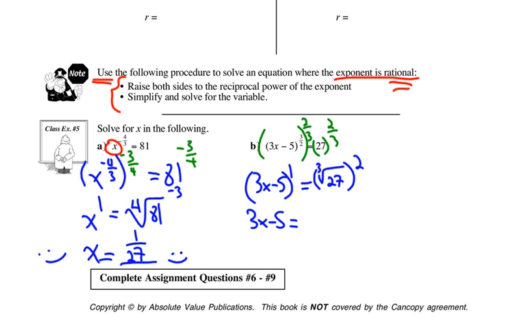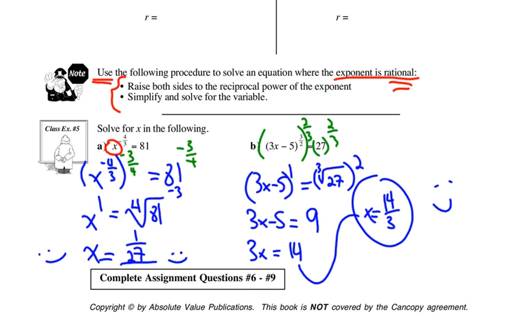Cube root of 27 to the 2 equals 9, so that means that 3x is equal to 14, and that means that x is equal to 14/3. And all was good in the land. All right, so now you're able to finish this assignment, and that is good. Lesson 1 is done.